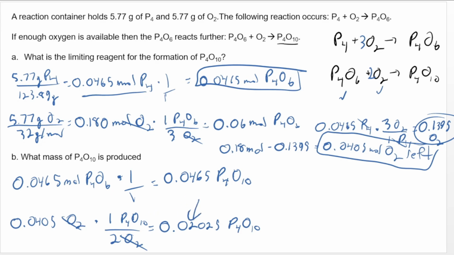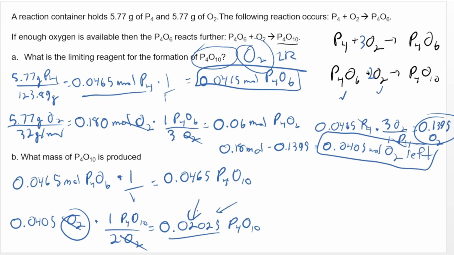All right, in this case, which one produces the least amount? This is the least amount, the bottom one. So this means that oxygen is the limiting reactant, not for the first reaction, but for the second reaction, the formation of P4O10. Now, what is the mass of P4O10 produced?